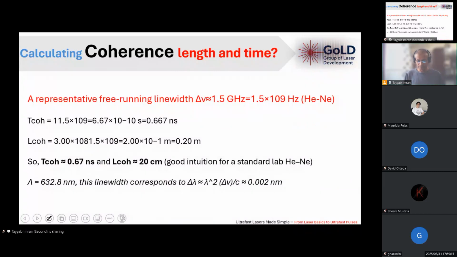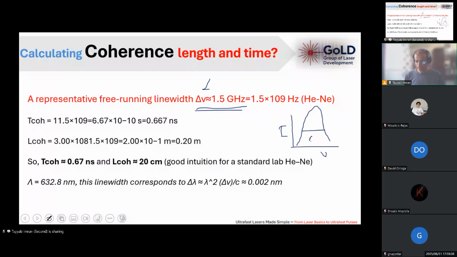general purpose laser, then we can assume that the frequency width can be converted into the wavelength. Okay, but here is a frequency. If you have a spectrum like this, this is your frequency, this is your intensity.